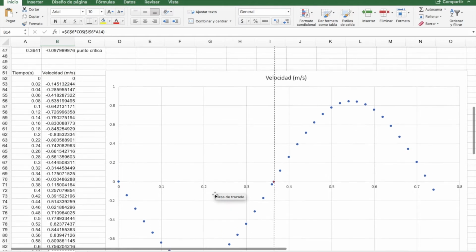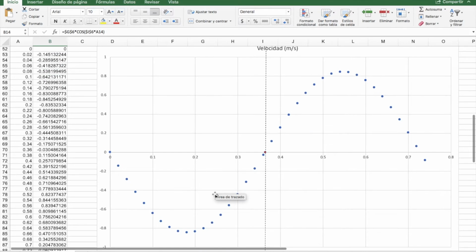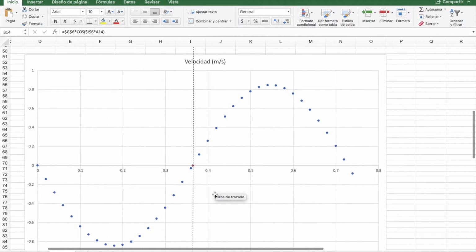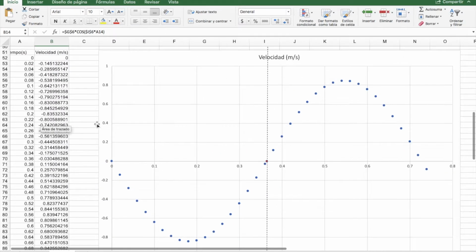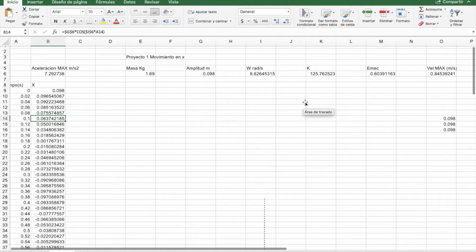And as you can see here, we also graph just part of our data to build this graph. This is the amplitude, the velocity, and this is the time. This is a function of time.